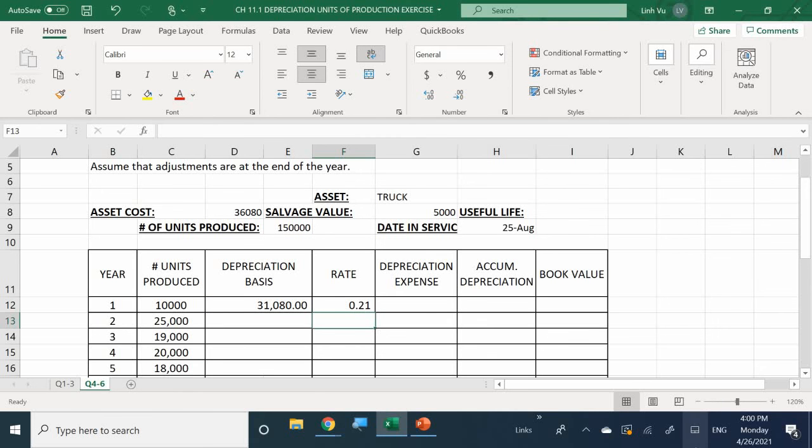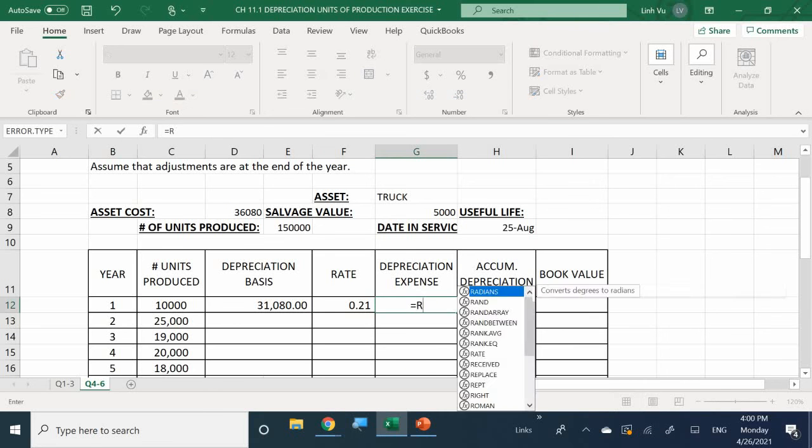So then, if that's the case, what is going to be my total depreciation expense for year one? $2,072. That sounds correct.